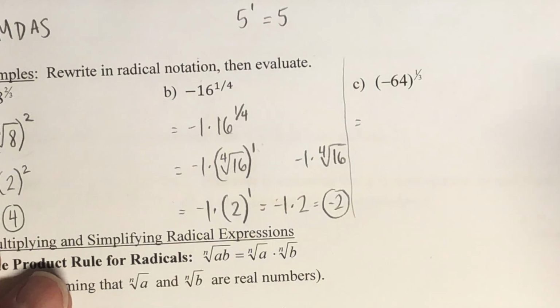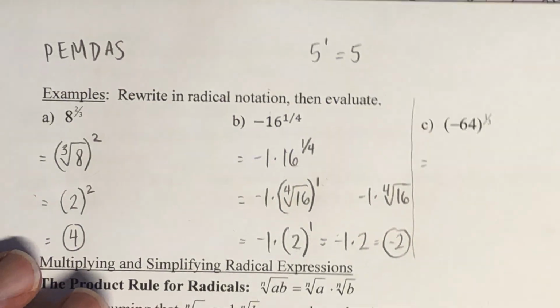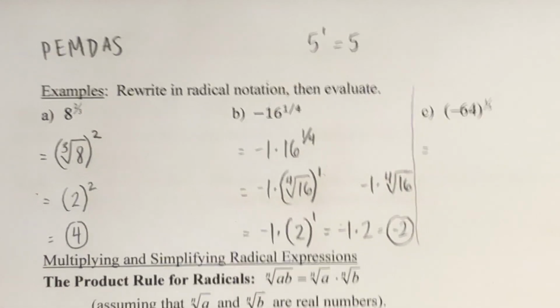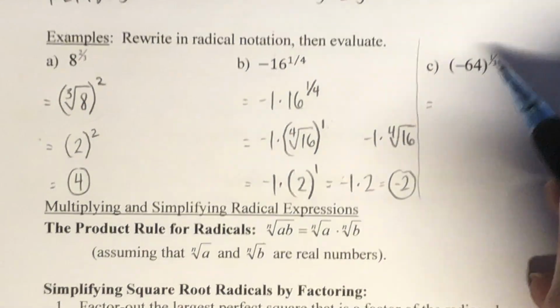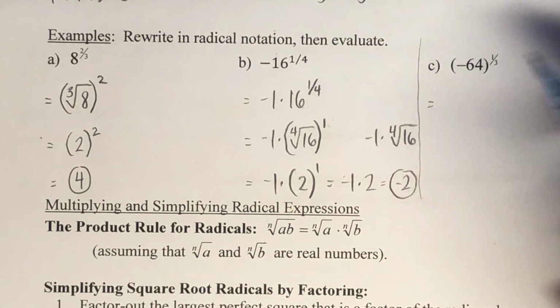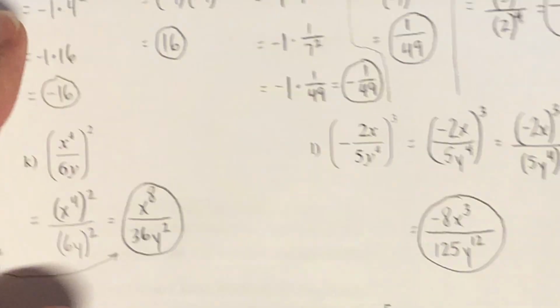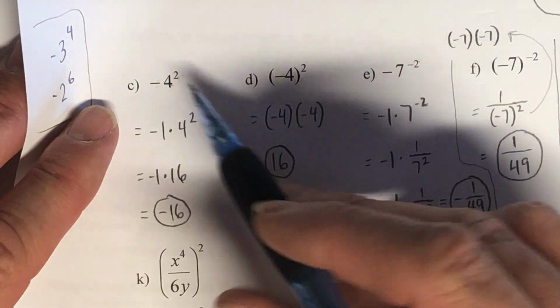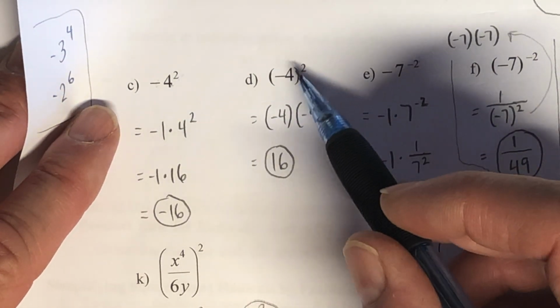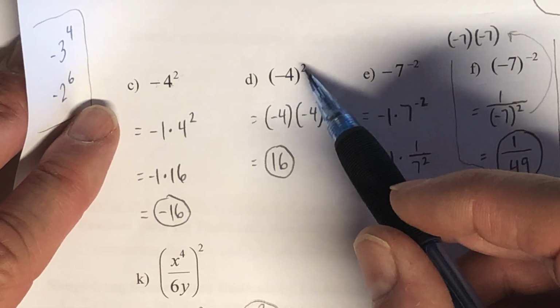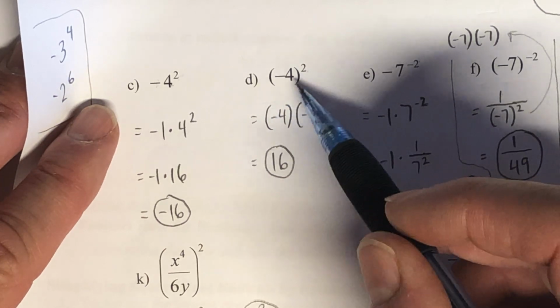So remember, a reminder here, that when you have a parenthesis next to an exponent, it doesn't matter if it's a fraction exponent or a regular exponent. This is from that same sheet I was showing you earlier with the -4 squared: if you do have the parenthesis next to the exponent, then the exponent applies to the entire parenthesis.